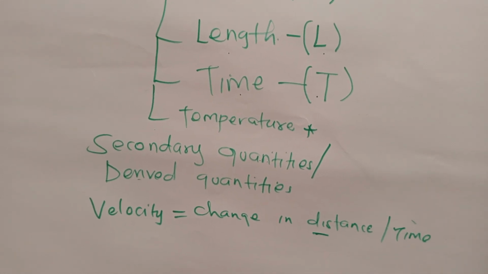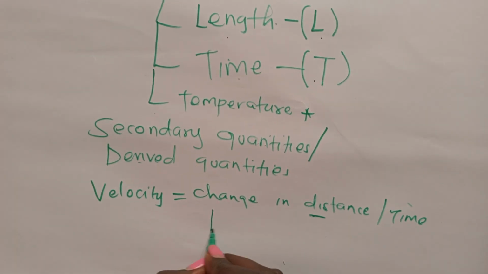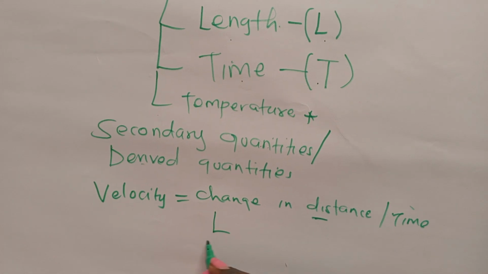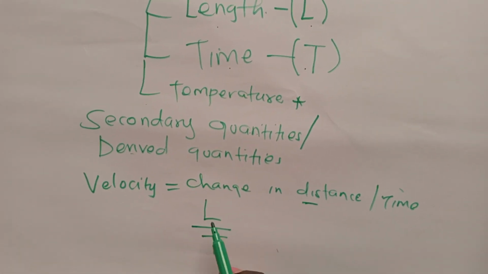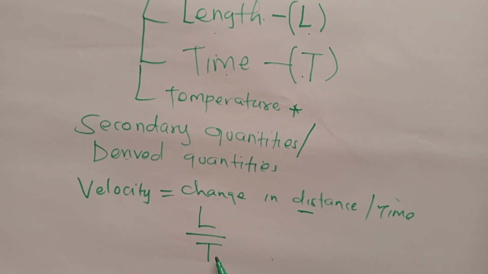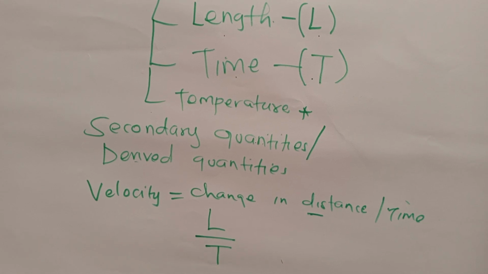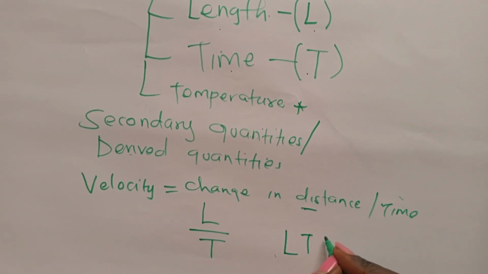And distance simply is an aspect of the length, so L. When we say per, it simply means division. So L over T, or L divided by T. You find that L is from the primary quantity and time T is also from a primary quantity. So how we're going to denote velocity here is LT negative 1.